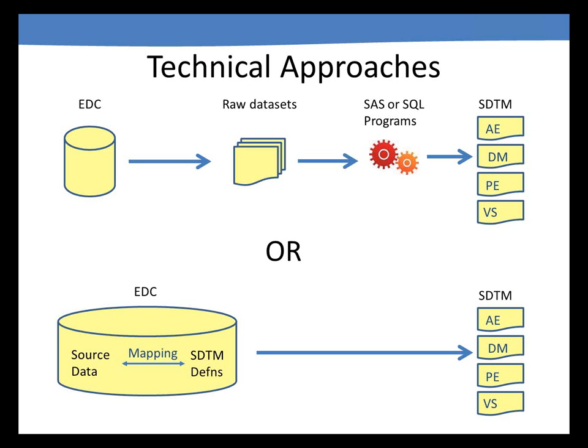The alternative we're floating here is to do it all within the EDC tool and map your data to where it belongs in SDTM right within the EDC database, and then as part of just general outputs from your study, produce those SDTM domains.